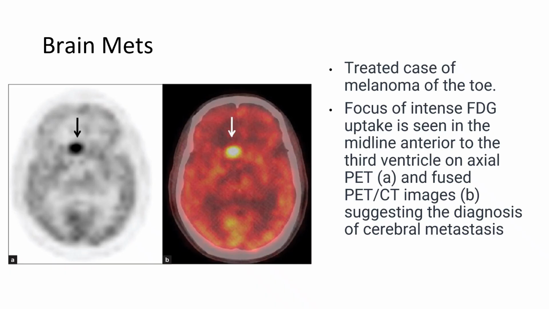This was a person who had melanoma, and it was on their toe and got treated, but melanoma is a nasty cancer. In this case, it metastasized and it went to the brain. So it is useful for that, but it is difficult because the brain is already hot. So think about that for a second.